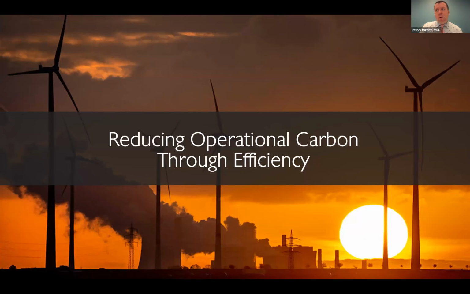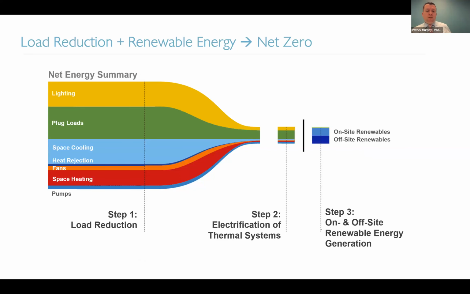So the goal is to not just electrify, it is also to reduce the loads on buildings and be more efficient. And that's represented by what I lovingly refer to as our wine bottle diagram. What this is depicting is, on the left, the energy consumption with all the different energy end uses of a typical building.